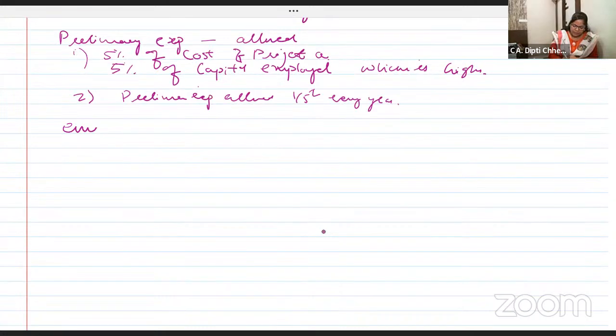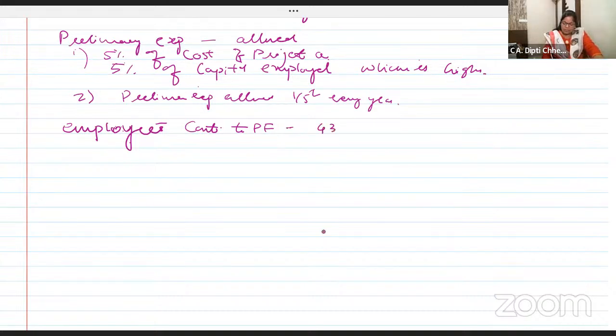Write. Employers contribution to PF. Employers contribution to PF. 43 will be applicable. Means if you don't pay by 31st March, at least pay by due date of return. Right? So this is employers.